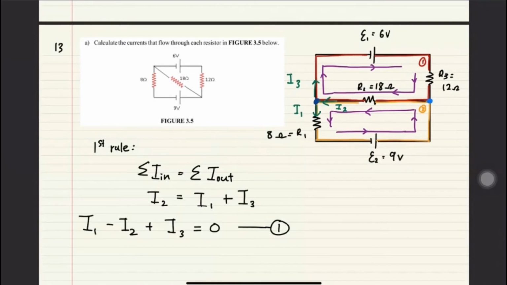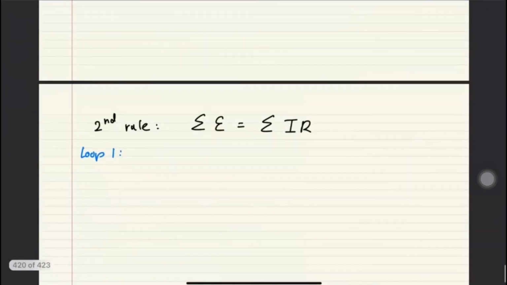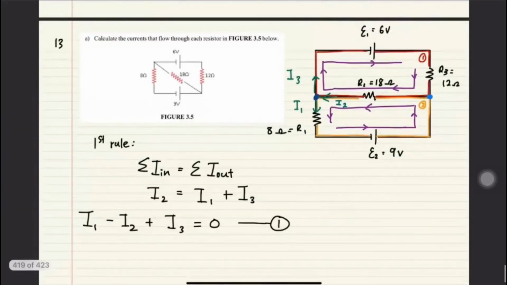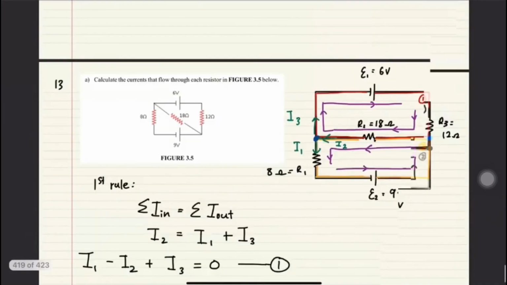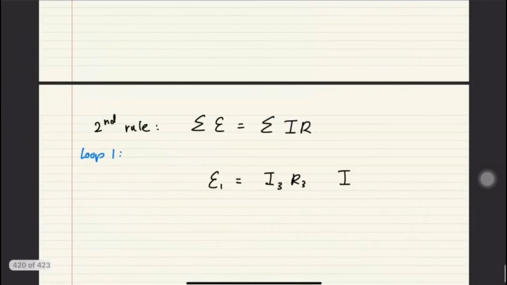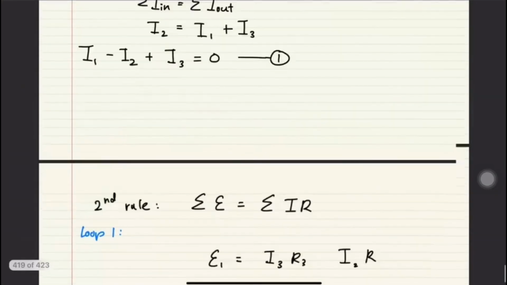There are three terms, so I can write it down like this: epsilon 1 equals I3 R3, I2 R2. Okay, notice that I didn't put any sign convention yet, because you have to determine it yourself.